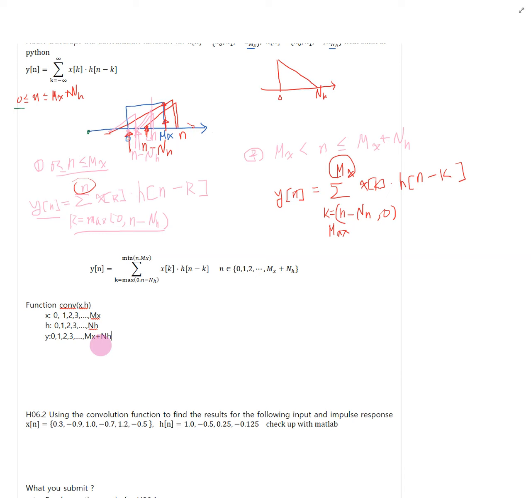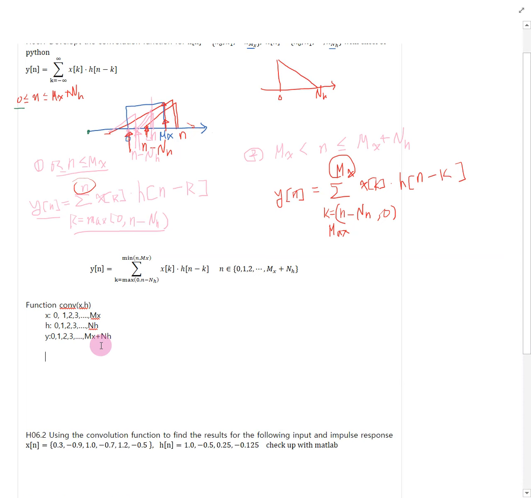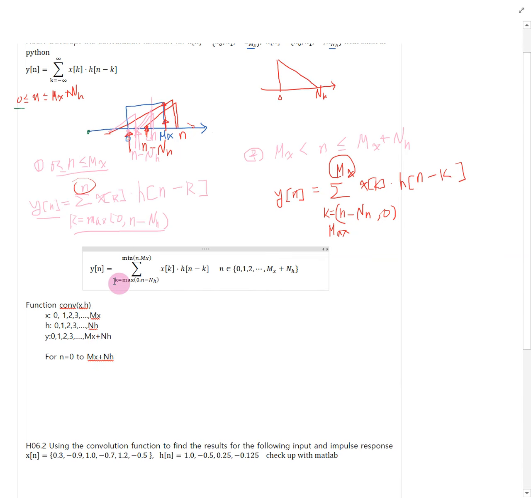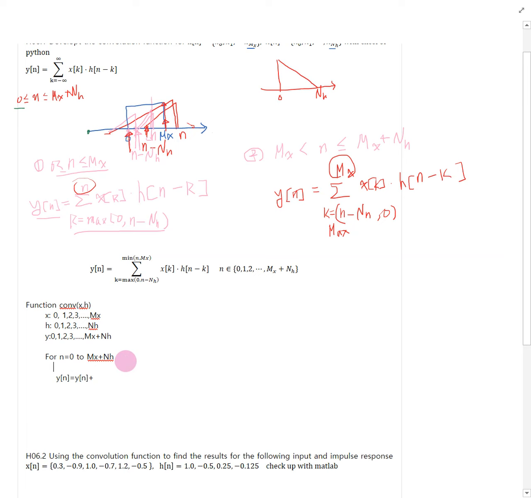range of each sequence, and then we need to make a loop, for example a for loop, using the index n starting from 0 to mx plus nh, and during this index changing we have to calculate yn. yn should accumulate all the history, the weighted sum of the history. To cover that, another loop is required.